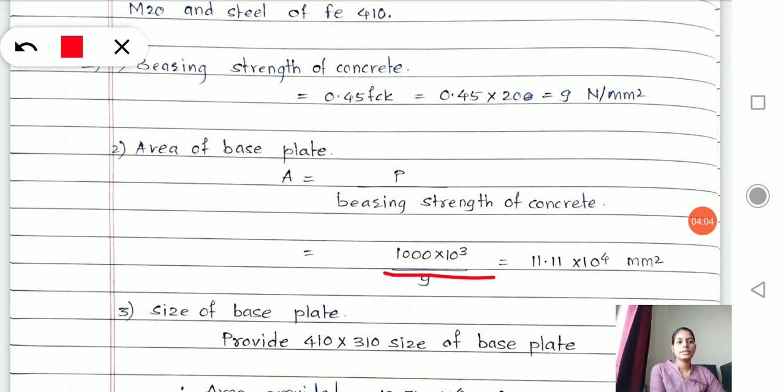I have converted it into Newton, that's why it is into 10 to the power 3, divided by 9, the bearing strength of concrete for 1 mm by 1 mm area. Then we get the area of the base plate equal to 11.11 into 10 to the power 4 mm square.